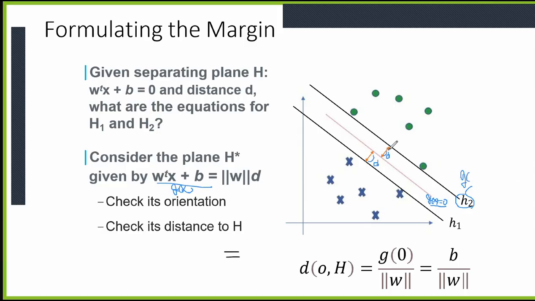Since this distance is influenced by the weight vector, it's going to produce a scaled distance, not the true distance but one scaled by the weight vector. So it would be a scaled distance of D to the positive side for this case. And for H1, the negative side of the central hyperplane, it would be the opposite, a negative scaled distance.